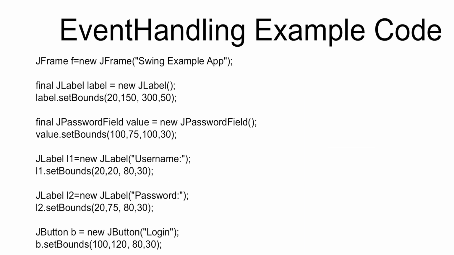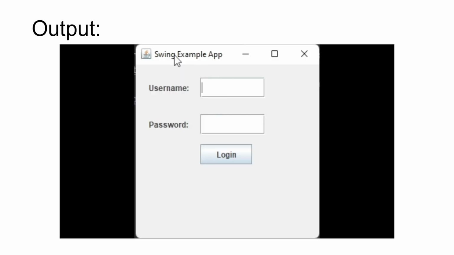This code creates the button, and on pressing the button it does some work, like entering a name and then merging those names, and we get output when we press the button. The output is like username, password, then login. When we press login, it goes to another screen. This is part of event handling.